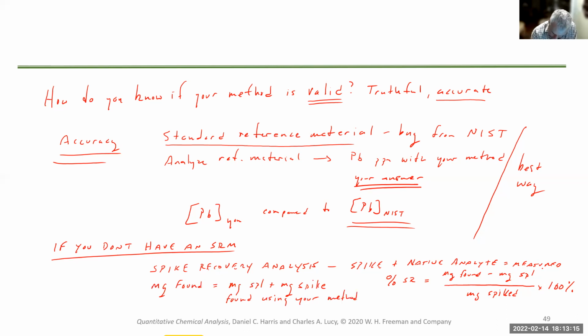And then the milligrams in the sample, you have to have independent knowledge of this. So in this way, what you're doing is comparing the milligrams of spike that you found over the milligrams of spike that you know you added.